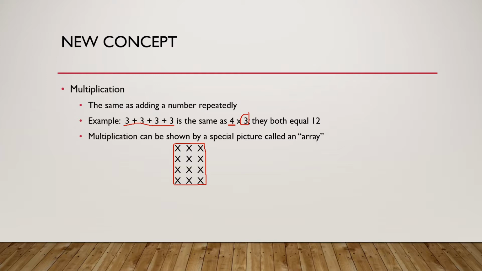If we had 3 times 4, it's really not that big of a deal, but 3 times 4 would actually be 4 plus 4 plus 4. And I say it's not that big of a deal because both of them equal 12. It really doesn't matter, but that's just what it means. The first number tells you how many times you're going to add the second number.